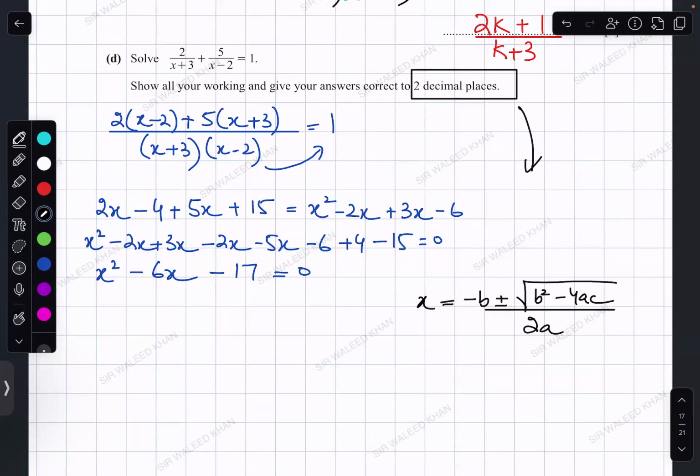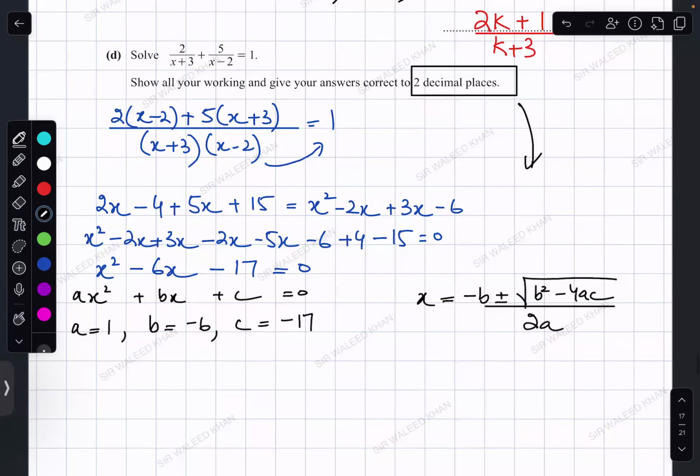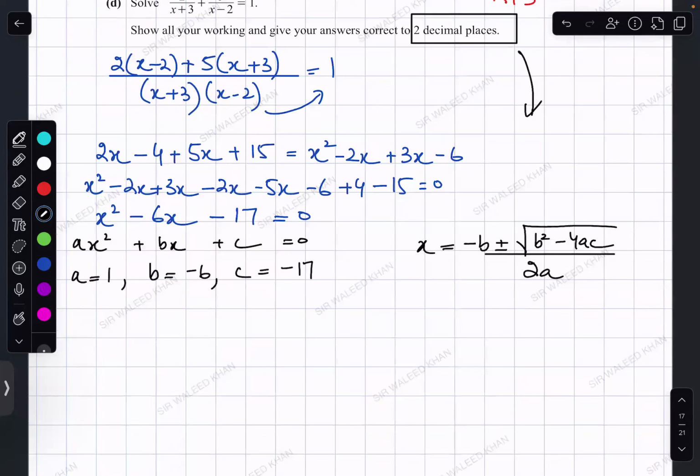You can't figure that out easily. So over here, if I write the general form of the quadratic equation, I can figure out the values. A is 1, B is minus 6, and C is minus 17. And I can use these values in the formula. What is the formula saying?